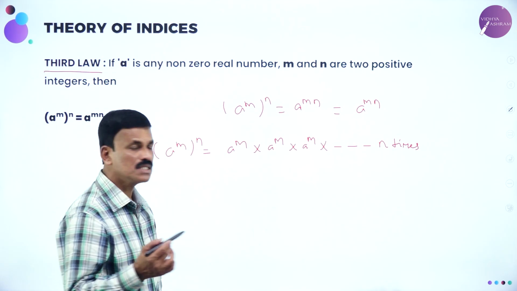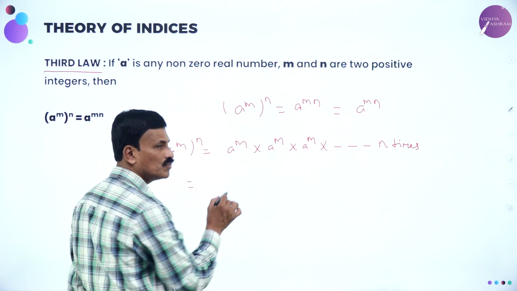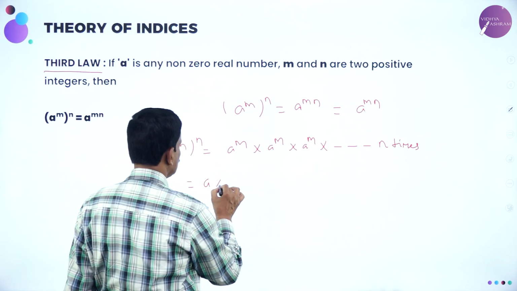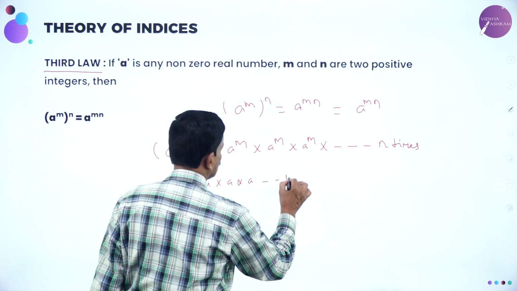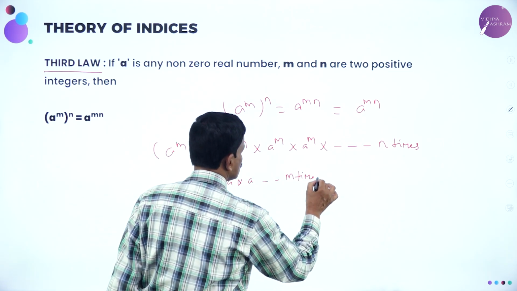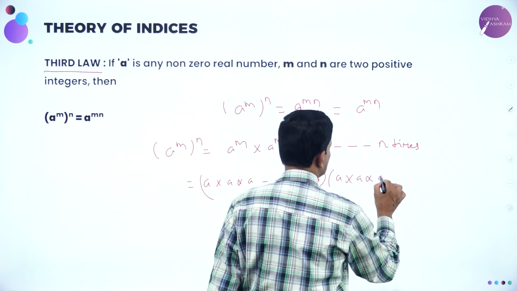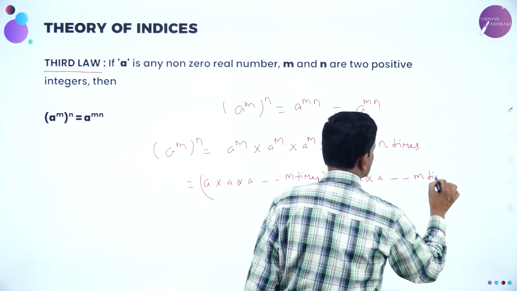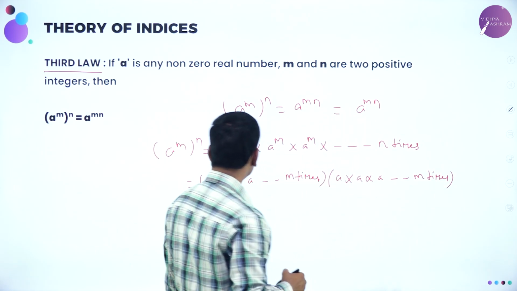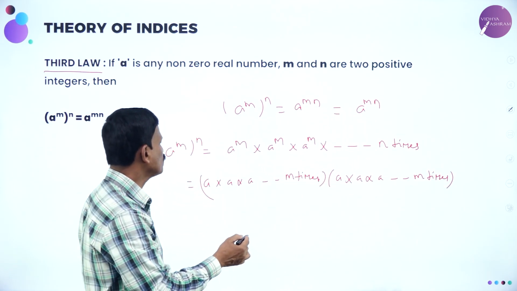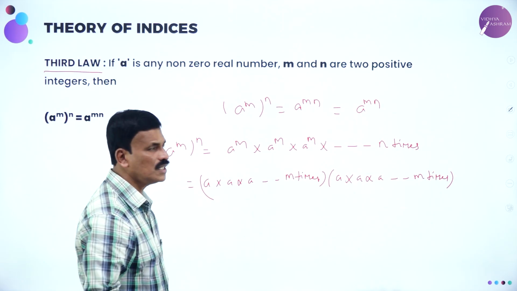Okay. So that means this a to the power of m is nothing but a into a, etc., m times. Again a into a, again this is m times. A to the power of m is a into a m times. Again a into a m times.